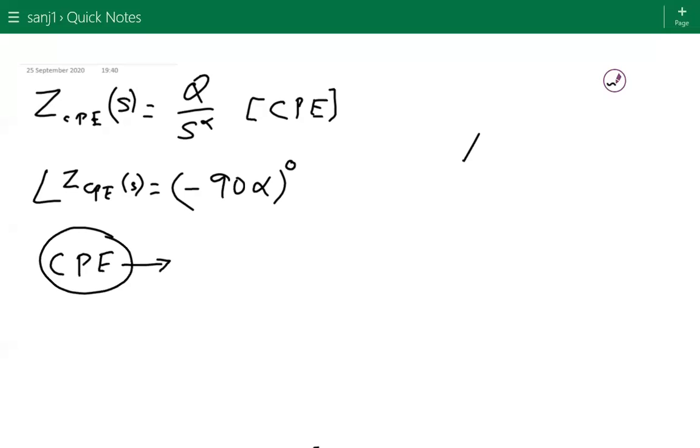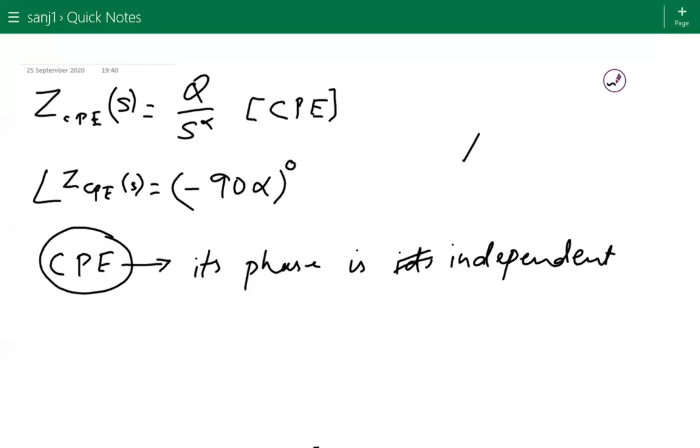I've gone through some of the literature and I found that it has been named a constant phase element because its phase is independent of frequency. I don't know whether it is correct or not, but in one of the literature I have found that it has been named a constant phase element because its phase is independent of the frequency.